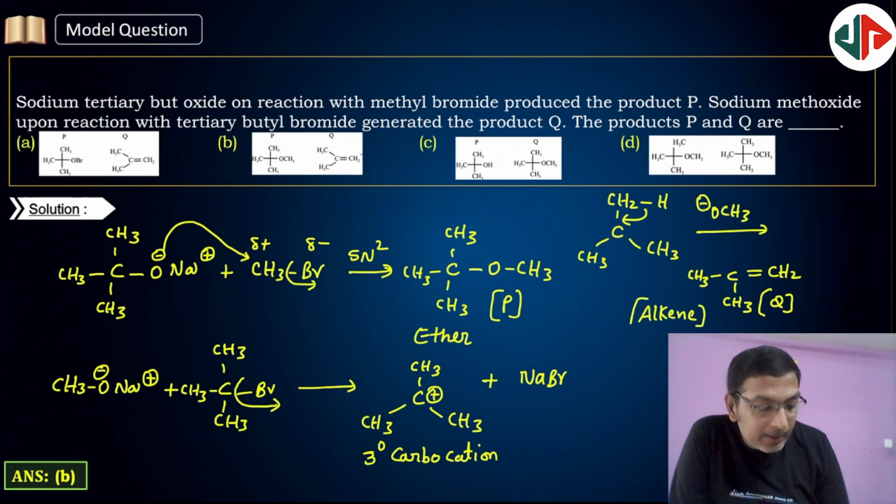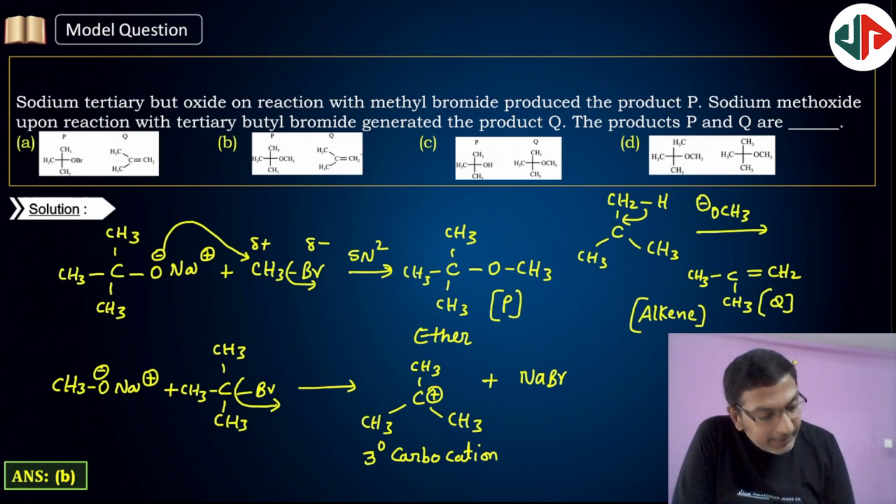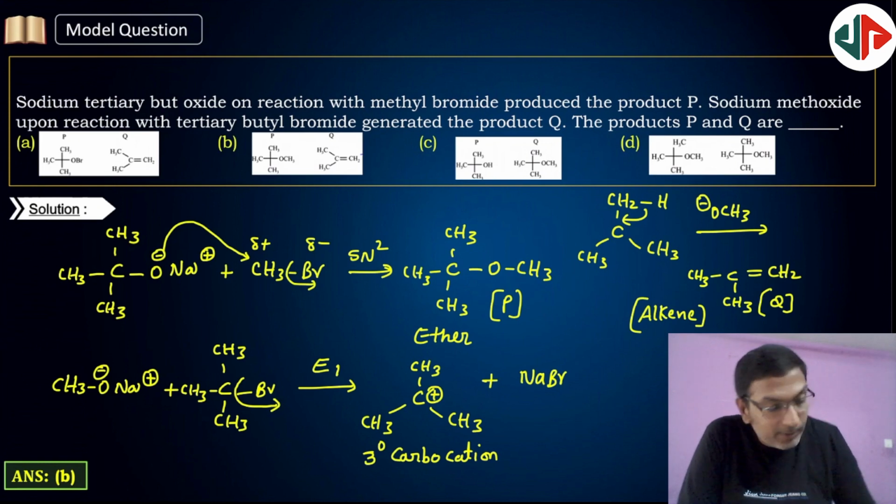Alkene is the major compound. Here this will be the E1 mechanism. First carbocation will be formed, after that elimination of hydrogen. So very important reaction. SN2 mechanism gives ether and E1 mechanism gives the corresponding alkene. Therefore option B.